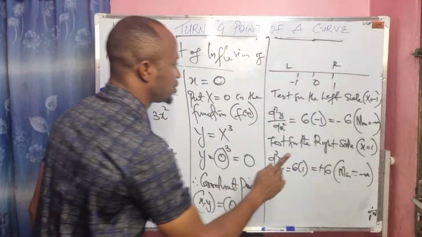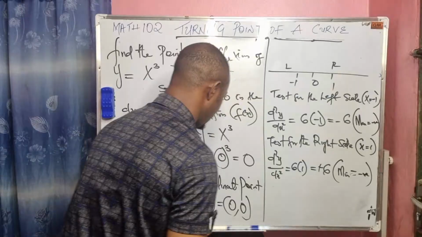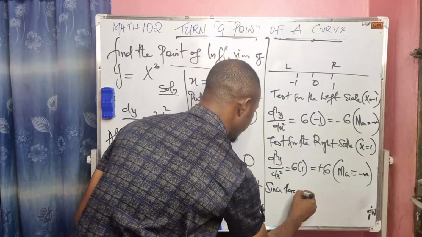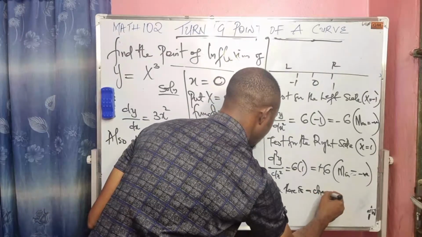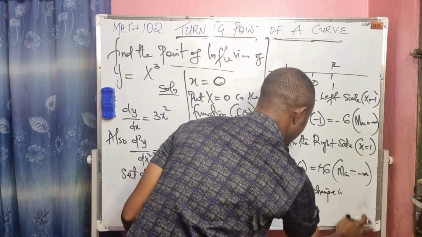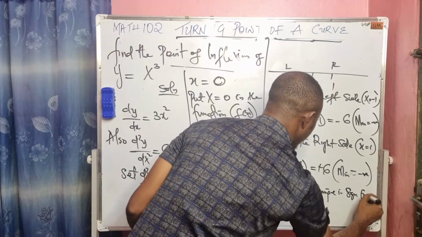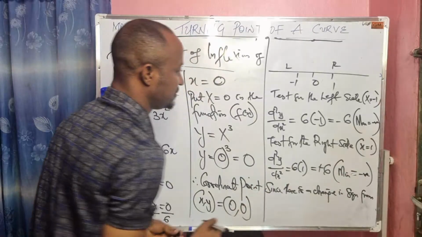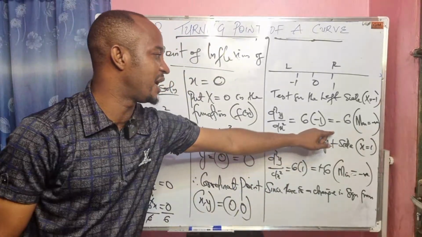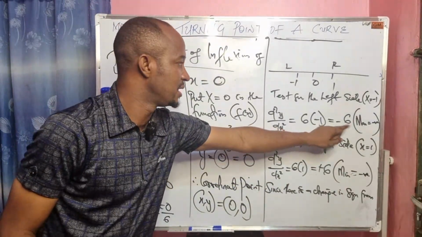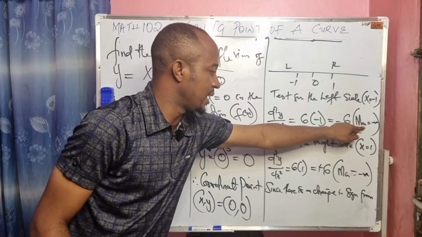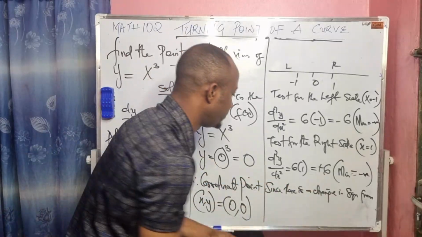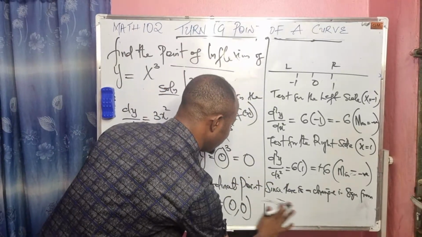Now, since there's a change in sign from negative to positive: when we put the value of -1, we have negative, which is maximum. Then here we have positive.